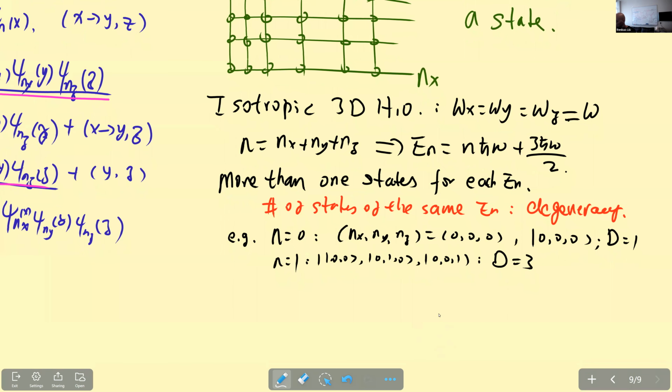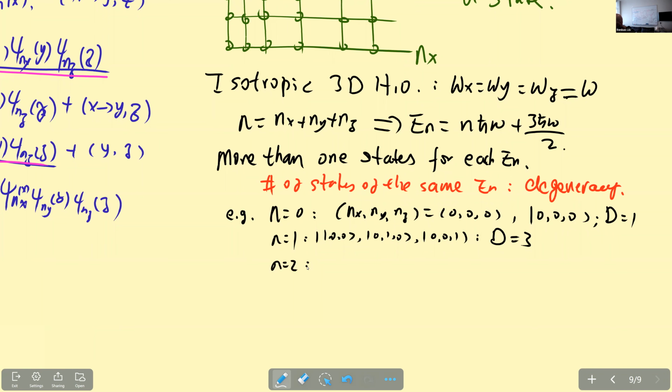How about N equals 2? You have 2, 0, 0; 1, 1, 0; 1, 0, 1; and 0, 1, 1; 0, 0, 2; and 0, 2, 0. Any more?